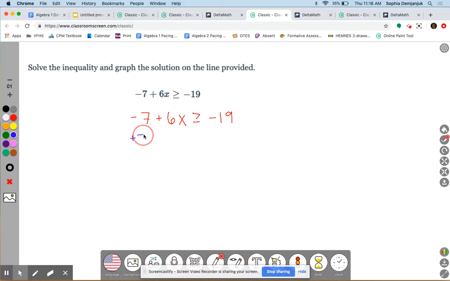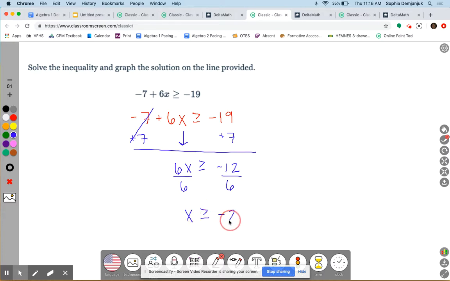It's negative, so I'll have to add 7 to both sides. -19 plus 7 gives me -12. Bring down the 6x is greater than or equal to. My final step is divide both sides by 6. I get x is greater than or equal to -2.